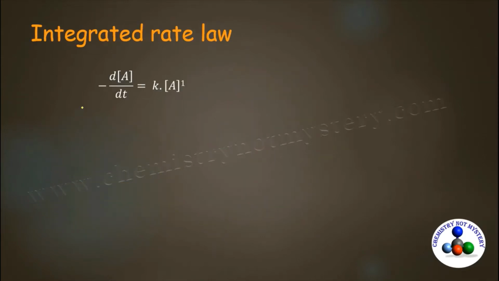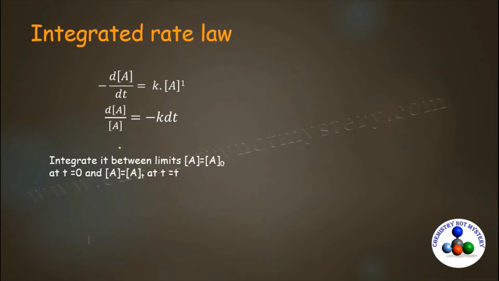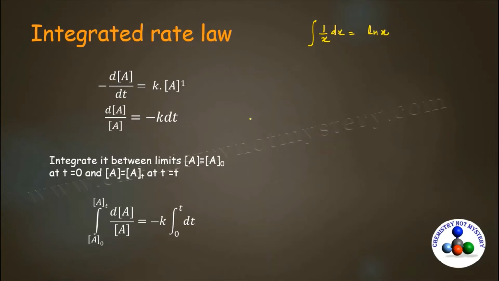Let's integrate this differential rate law. Before integration, we have to rearrange the equation. So you will get dA over A is equal to minus k dt. Now integrate this equation within the limits A0 to At and 0 to t. For the left side of the equation, we have the formula integral of 1 over x dx is equal to ln x.